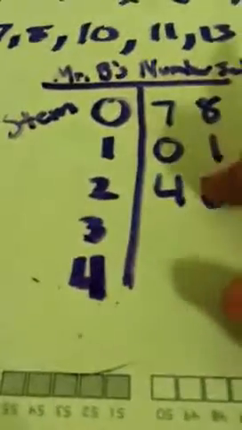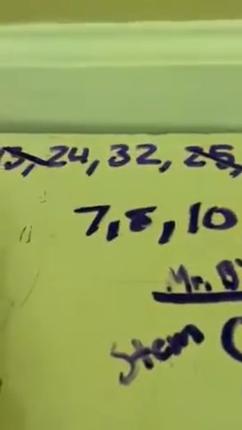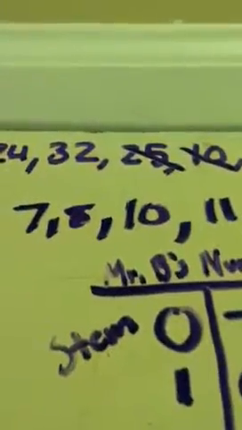Now, there's one thing, I forgot I did this here. Up here on my 20s, if you notice, I have a 24 here, and I have a 24 here. So here's one thing you're going to run into. When you have a stem and leaf plot, and you have the same number appear twice in your data, in this case 24 and 24, do you have to put them both down?